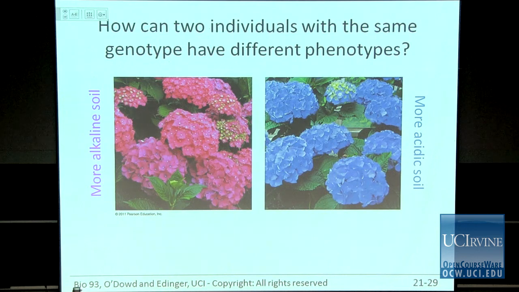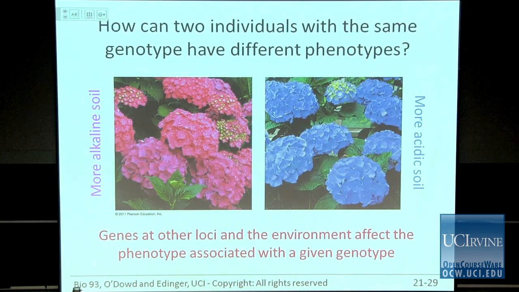As a result, aluminum is differentially available to these plants, and they end up producing different colored pigments. So the key here is that the environment has a profound effect on phenotype. Individuals with the same genotype can turn out different and look different because of differences in their environment.